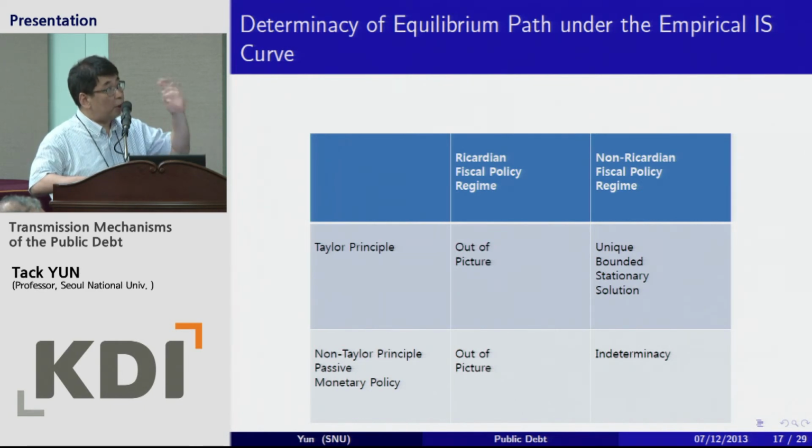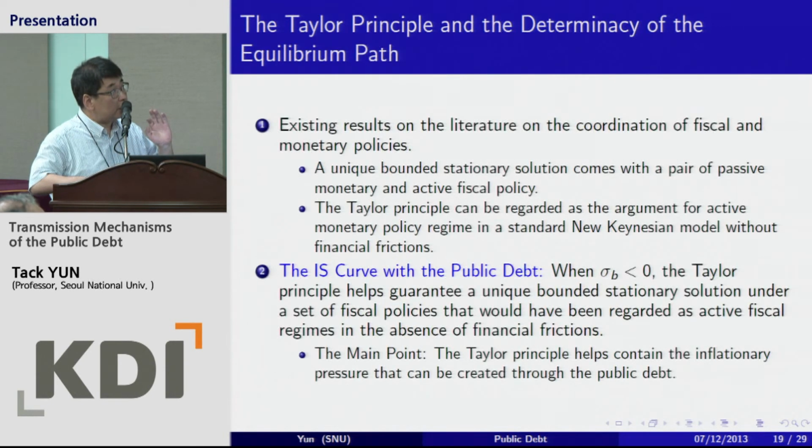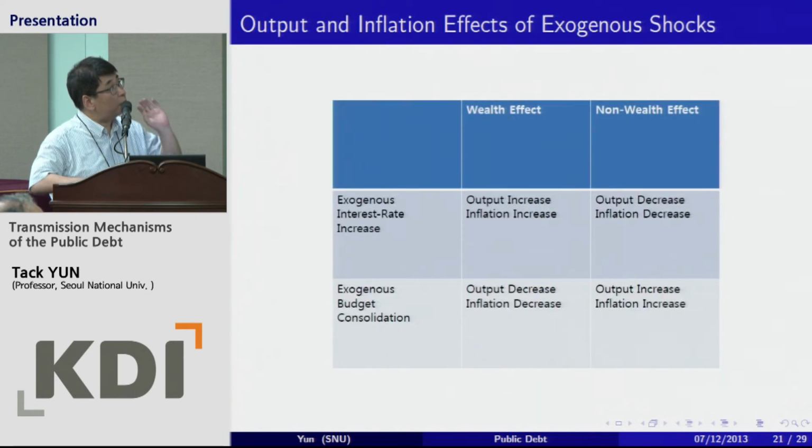That is my summary of the result, and also we have a little bit of difference in terms of the business cycle impact. The IS curve with a negative coefficient of public debt here corresponds to the non-Ricardian, non-LC effect. So in this case, what is the difference?